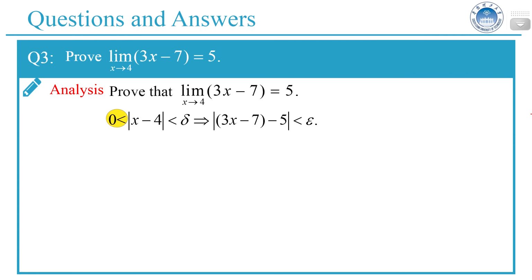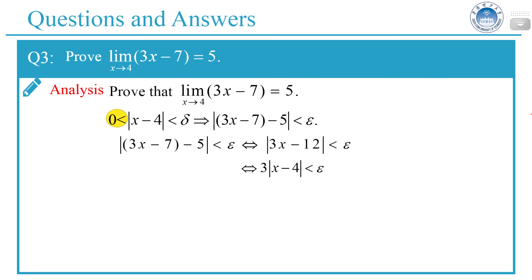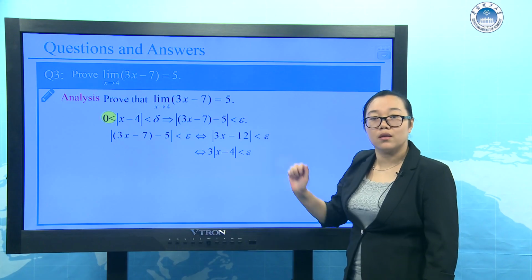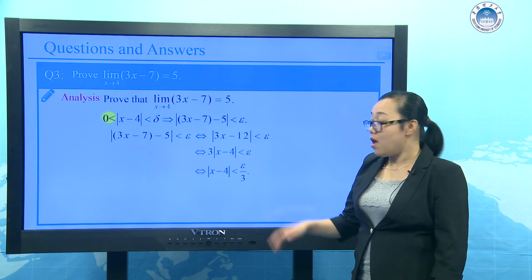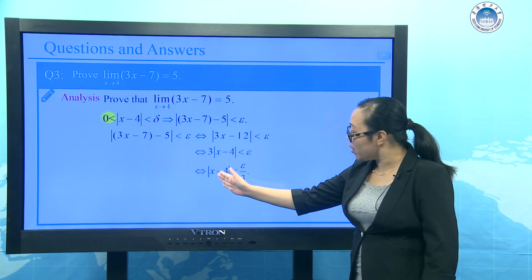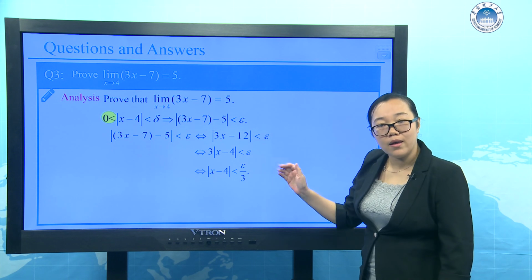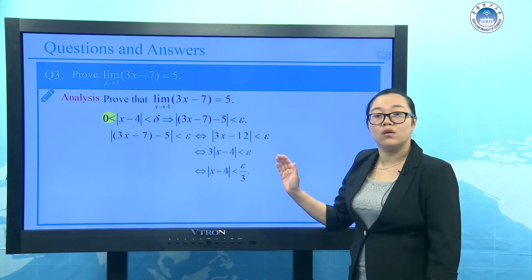This means |3x minus 12| less than epsilon. Try to get x minus 4: 3 times |x minus 4| less than epsilon. So we get |x minus 4| less than epsilon over 3.